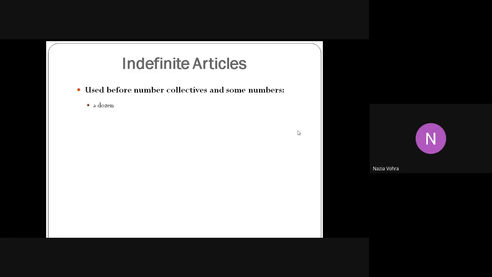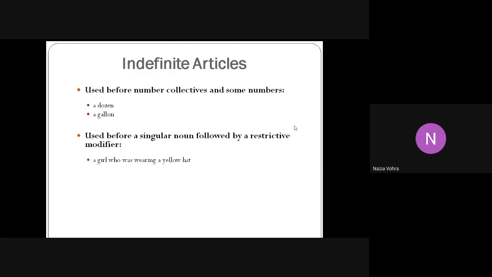So see, a dozen, a gallon. So they were examples. Next, it is used before a singular noun followed by a restrictive modifier. What do you mean by a restrictive modifier? Any guesses? It restricts, limits something. Say, in an example, a girl who was wearing a yellow hat.